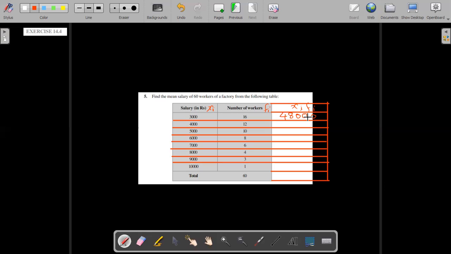Then 4,000 into 12, again 48,000. 5,000 into 10, 50,000.